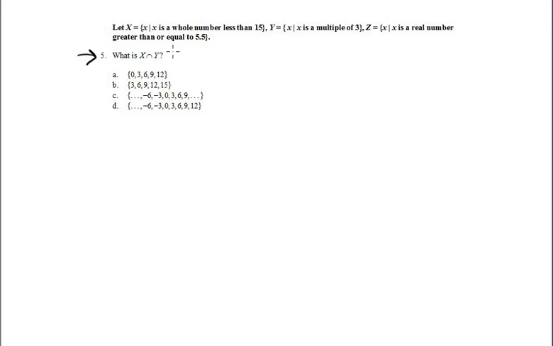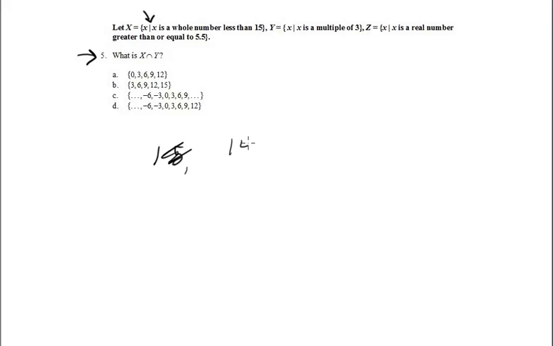So first let's figure out what X is. It says X such that x is a whole number less than 15. So we might just want to list those. Less than 15, so we don't want 15.